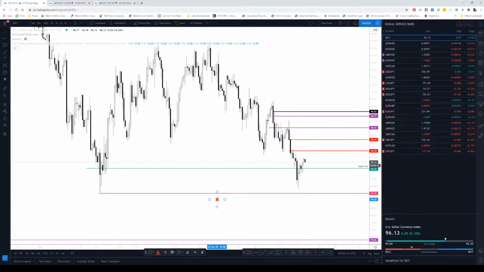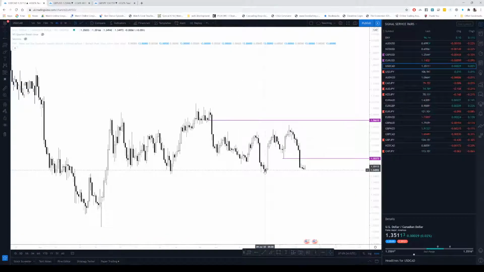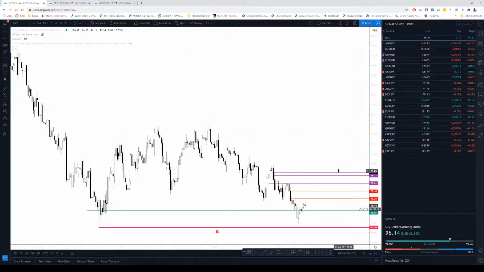I'll show you an example. Something like this. Instead of running that low, leave it as equal low, and then run all the way back up before coming back down to take it. So be mindful of that as well.